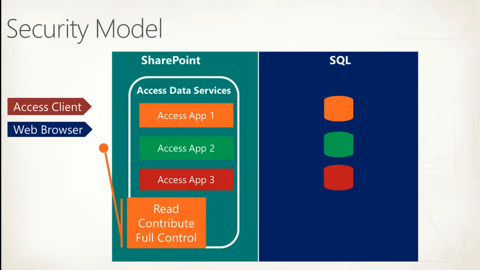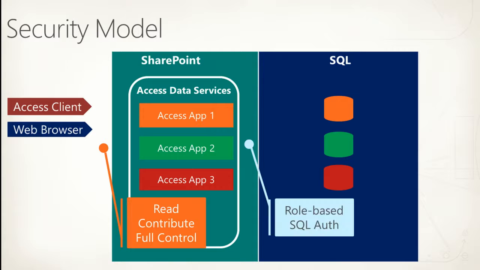Someone comes in and we check whether they have read, contributor, or full control permission on the application. The authentication is done on the SharePoint front-end level. Once we establish that the user does have permission to connect to the app, then we ask the Access Service to impersonate one of the roles, either read or contribute or full control, and use the SQL login that we created for the application to connect to the corresponding database.